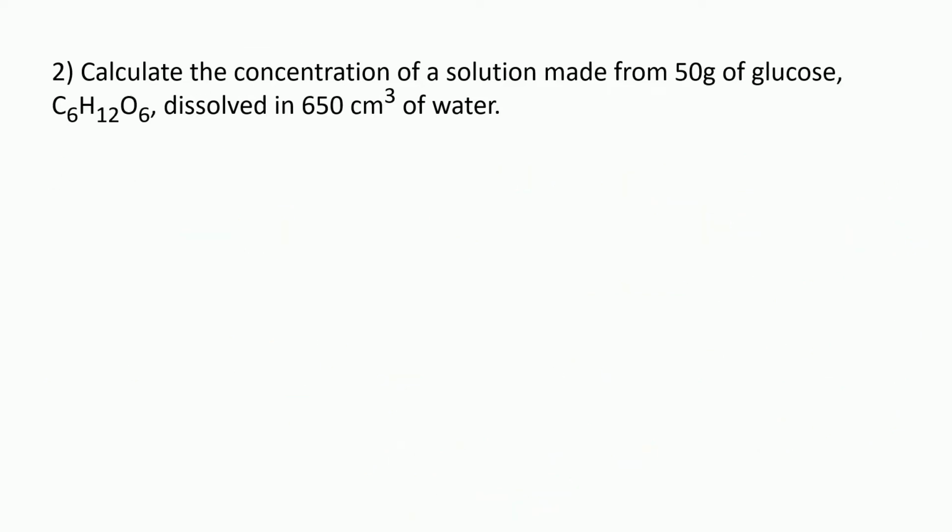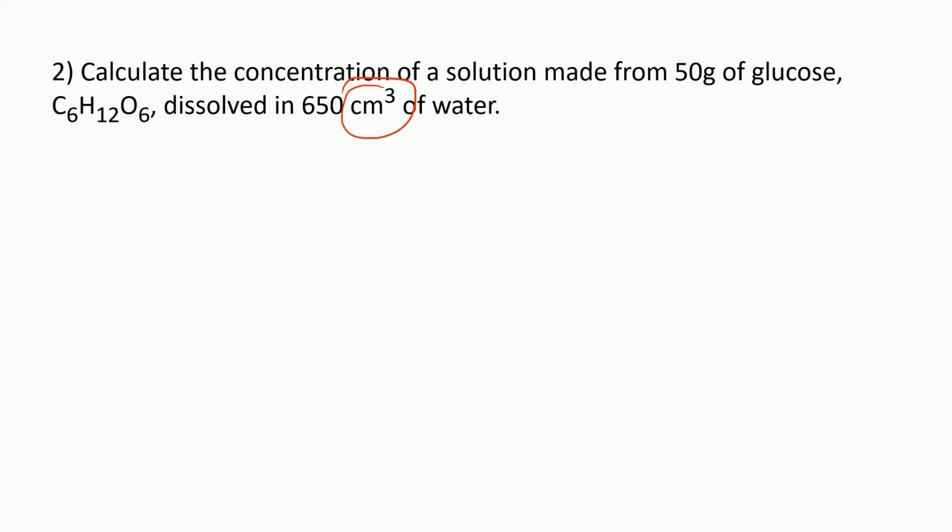On the next question, we need to spot that it says calculate the concentration of a solution made from 50 grams of glucose dissolved in 650 cm cubed of water. So we need to spot straight away that it is in cm cubed, so it's going to add another step to the calculation.